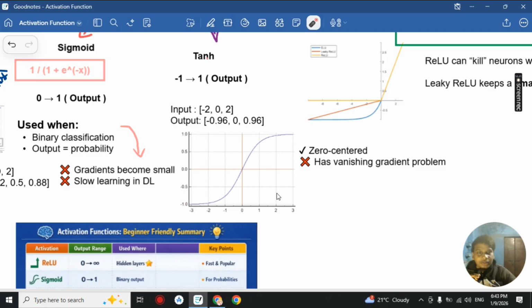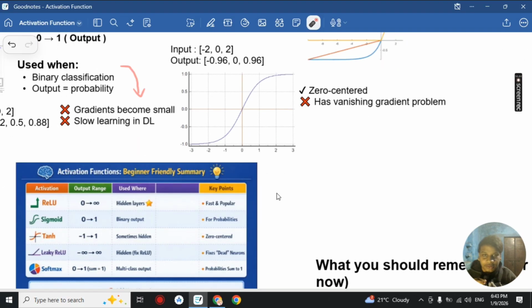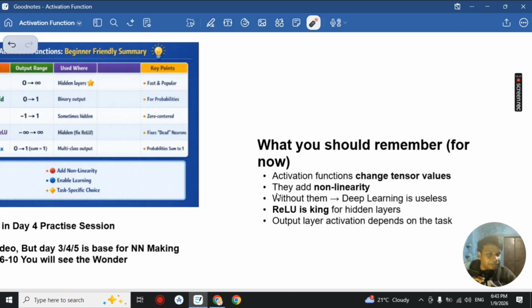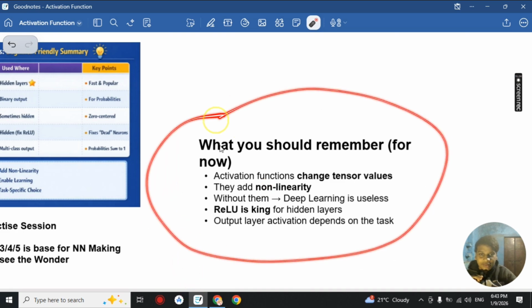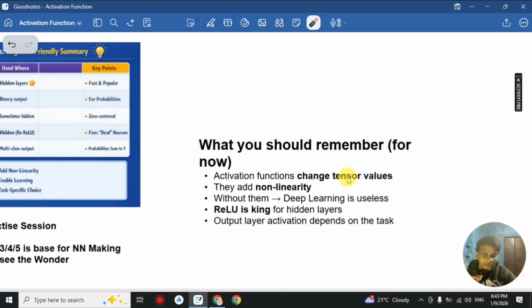So that's all for today. I know the lecture is short, but the practice session will be very long. Remember that with the stacking of the neural network and knowing the activation functions, we can now make a real artificial neural network. The last thing you should remember is that activation functions change tensor values. They add non-linearity.